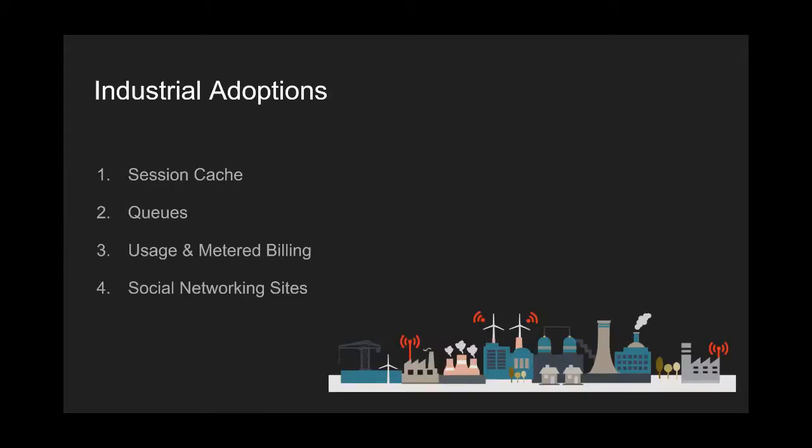So how do you use these NoSQL technologies? One of the industrial adoptions is a session cache. Many websites use Redis to create a session cache to speed up their website experience by caching HTML fragments or pages.